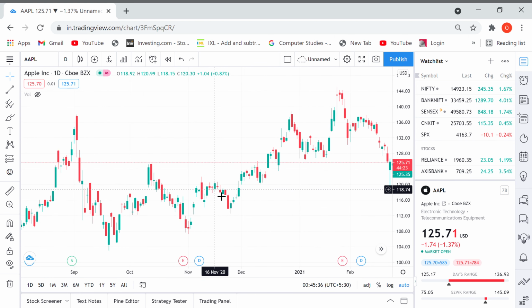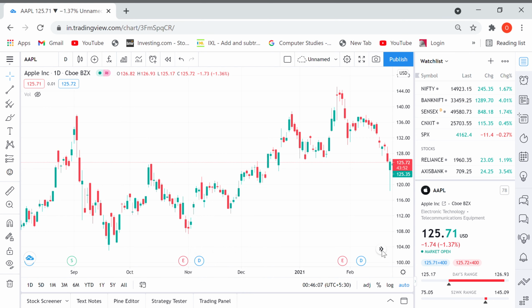So we have looked into candlesticks. This is the basic candlestick chart. You can see the red candle which shows bearishness. It means the stock price is falling from here till here till here. And this is the green which shows bullishness, and from here the stock price started moving up. It is continuously going up, and Apple has been performing well as we can see in this chart.